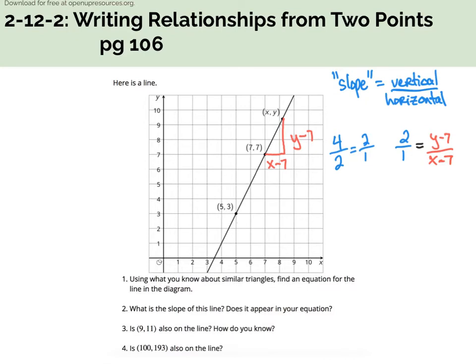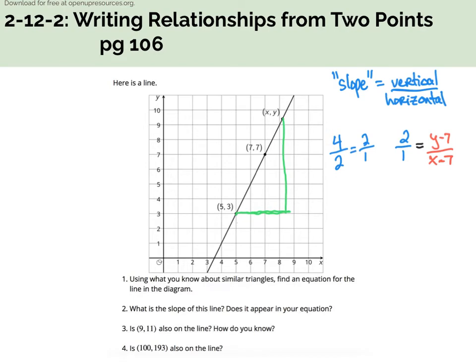So I'm going to erase this red triangle because again I'm going to draw on it. The second triangle that we could have drawn is this bigger green one. So again, if we look at the two different points, I have 5, 3, and I have x, y. So again, I want to find my vertical. That's my y stuff.